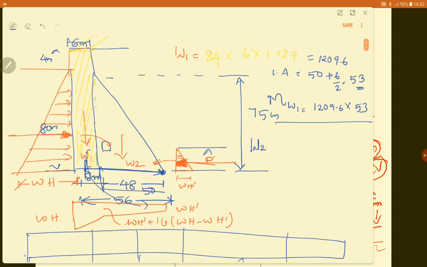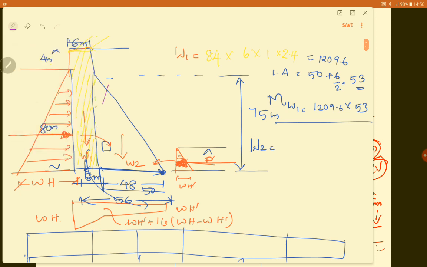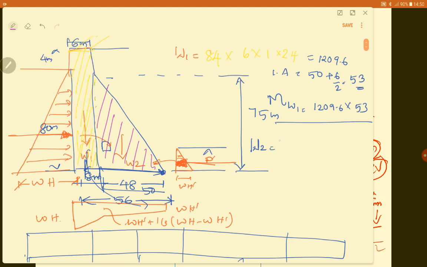Now take W2. What will be W2? W2 is this triangular portion. Now consider W2. What will be the area of W2? Half into, what is the base? 56 minus 6, that is 50. Into altitude, what is altitude here? This is the altitude, right? What is the value? 75 meters. 75 into 2.4. So the value will be equal to 4500, right?